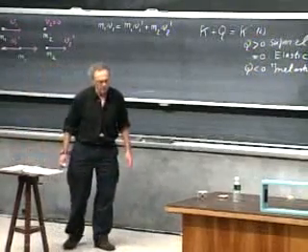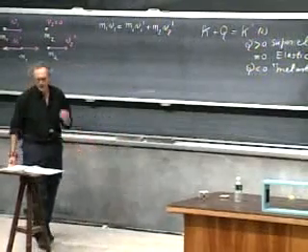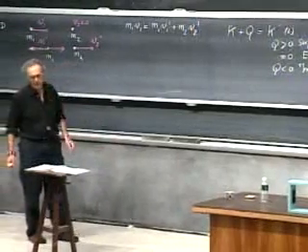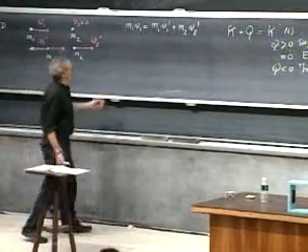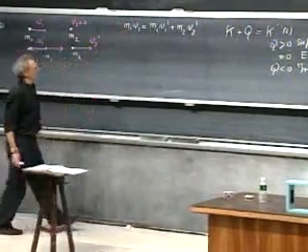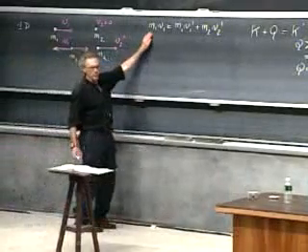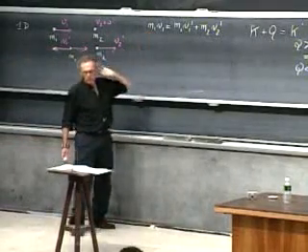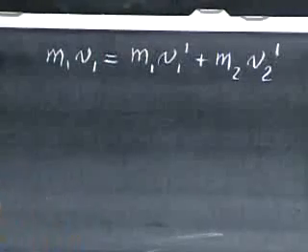Now I want to continue a case whereby I have a completely elastic collision. So Q is 0. Momentum is conserved because there was no net external force. So now kinetic energy is also conserved.